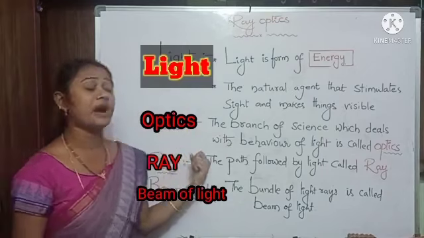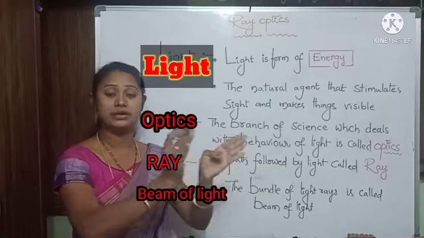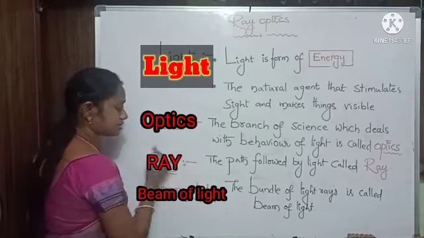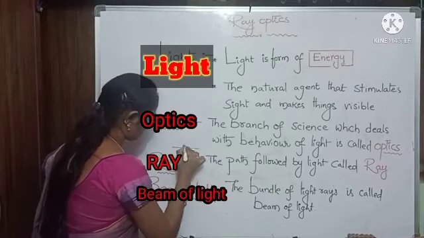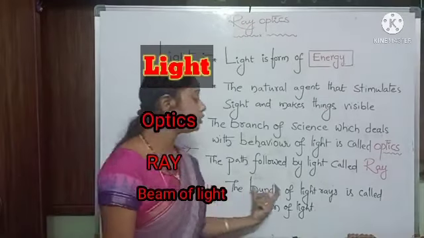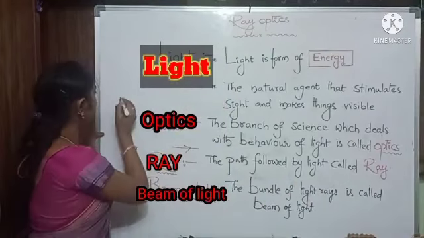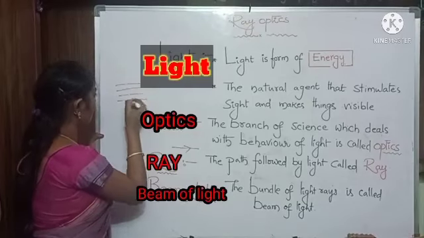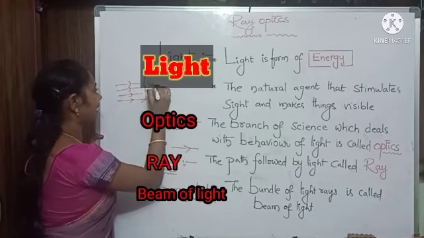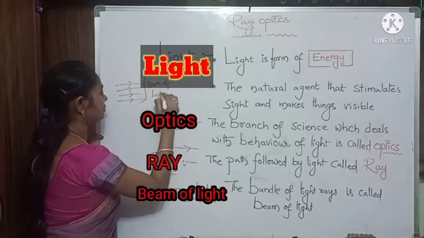Next, ray. The path followed by the light is called a ray. The path that the light chooses is called the ray. Next, the beam of light. The bundle of light rays is called a beam of light. A bunch of light rays, that means these are called a beam of light.